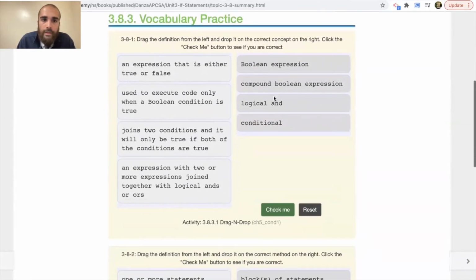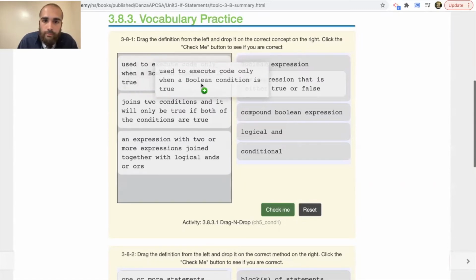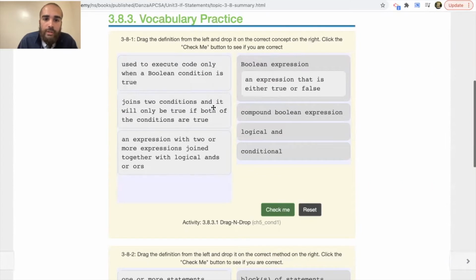All right. It says drag the definition from left to right and drop it on the correct concept. Okay, so an expression that is either true or false, that's a Boolean expression. Used to execute code only when a Boolean condition is true. And then we have joins two conditions, and it will only be true if both of the conditions are true.